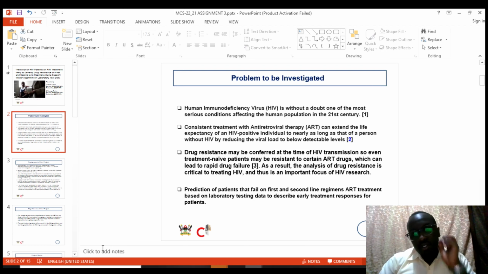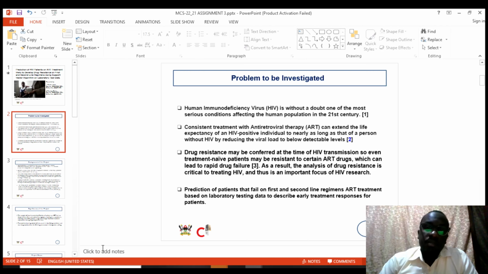Now, drug resistance can be conferred at the time of HIV transmission. Treatment of patients who are resistant to ART drugs can lead to drug failure.